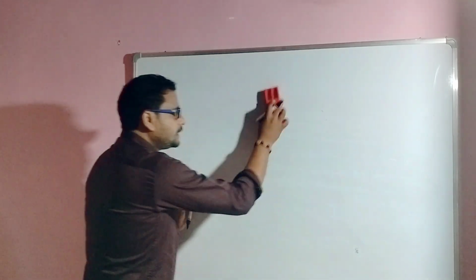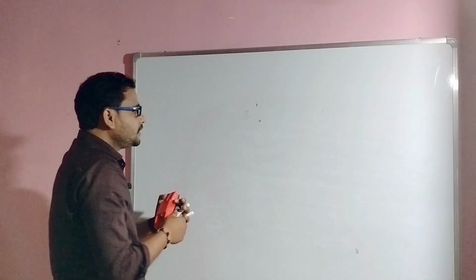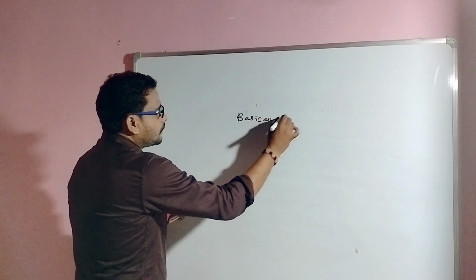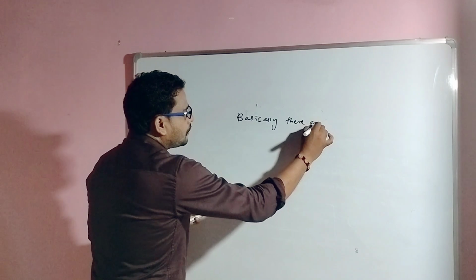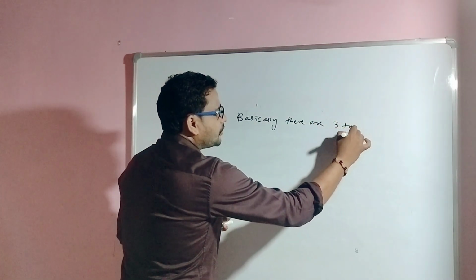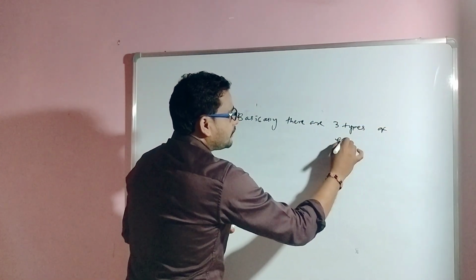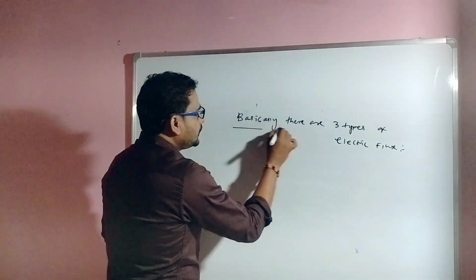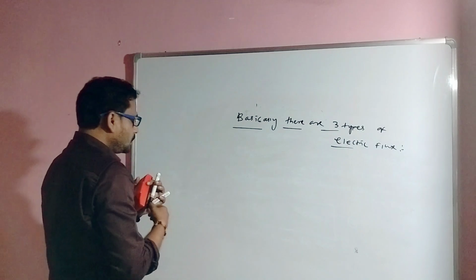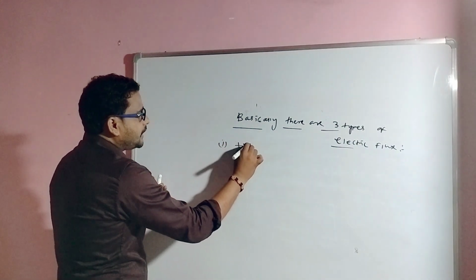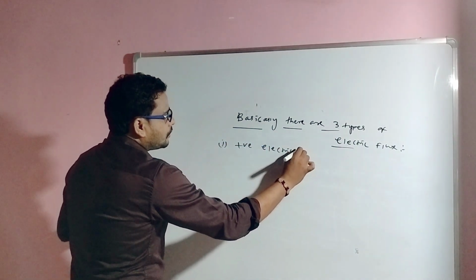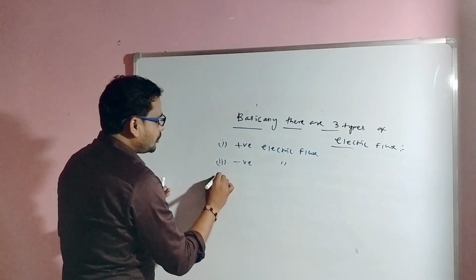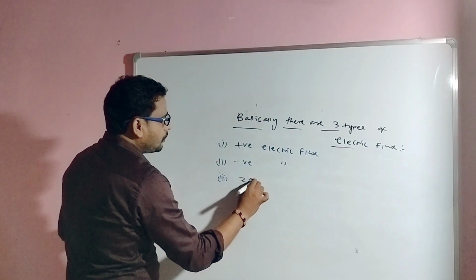Basically there are 3 types of electric flux. Number 1 positive electric flux, number 2 negative electric flux, number 3 zero electric flux.